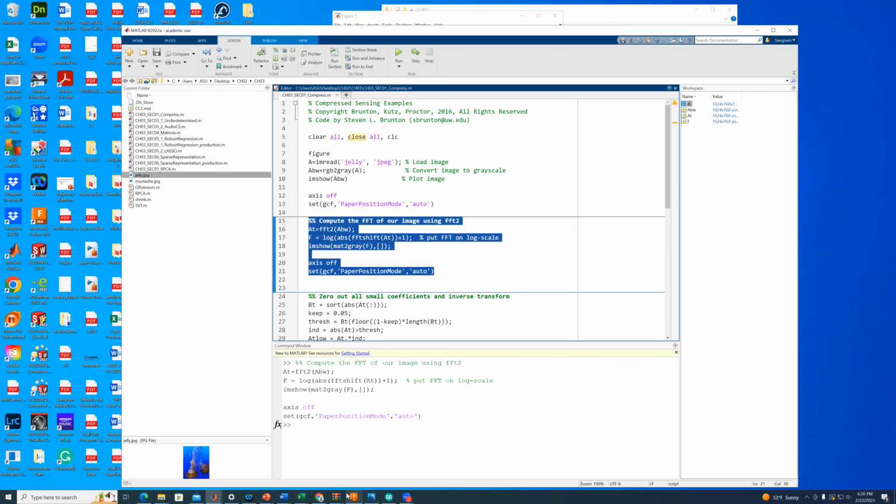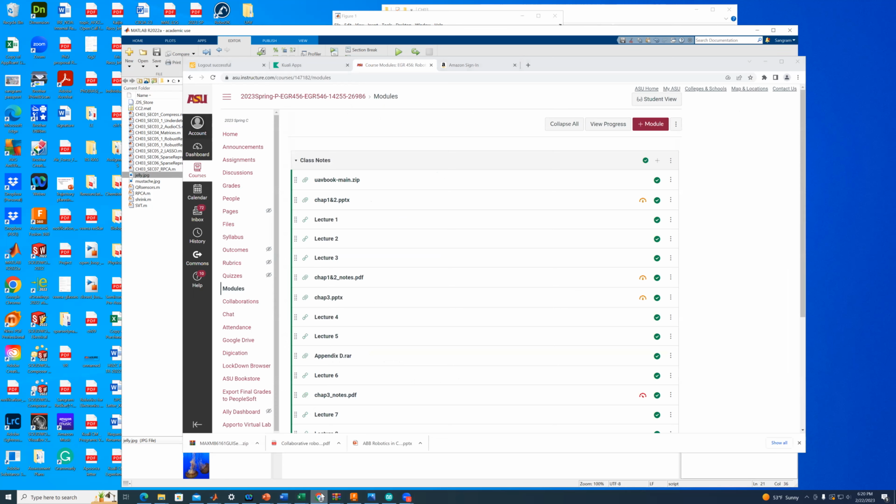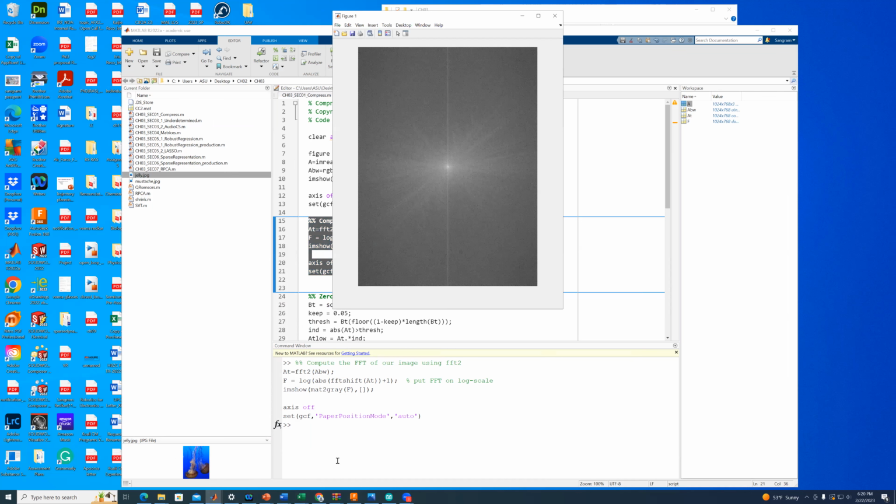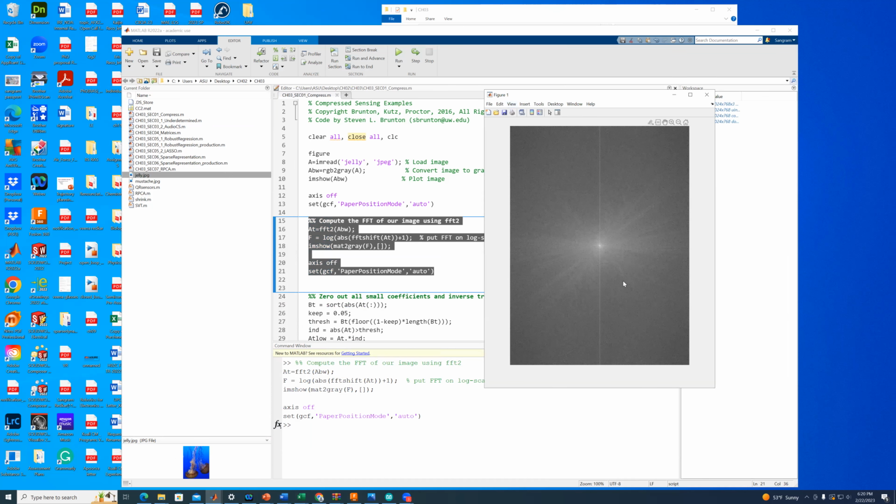Once we do that, I want you to observe what happens. Immediately we get this image. This image is the fast Fourier transform. Now this black and white representation is basically the intensity of the magnitude of the Fourier coefficients. What I want you to note is that a significant portion of this image is black.